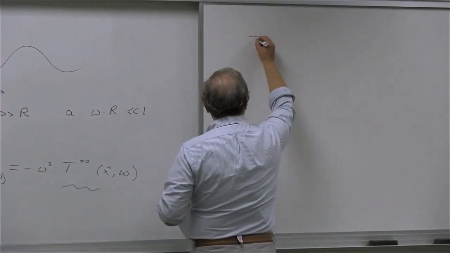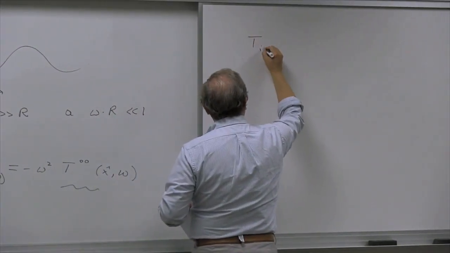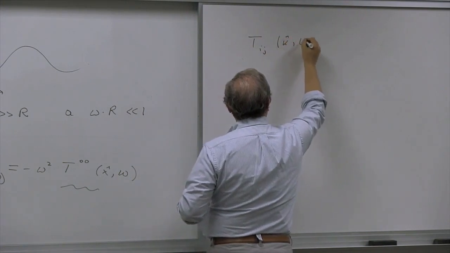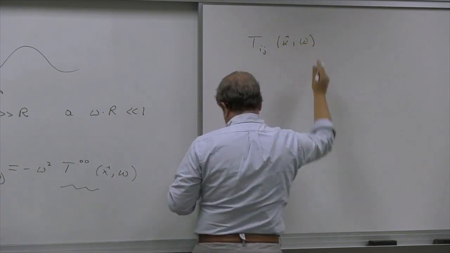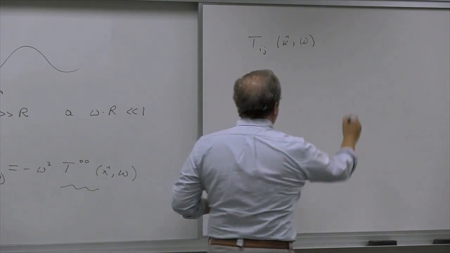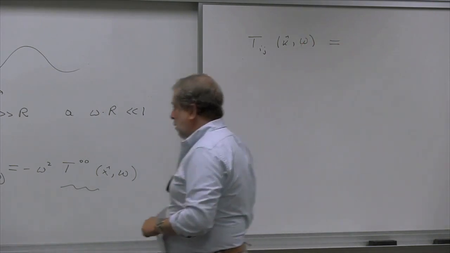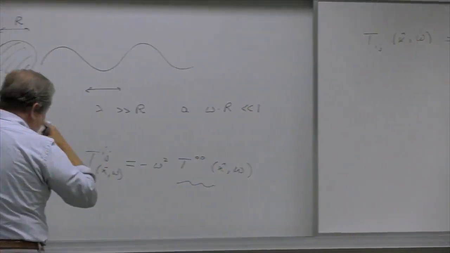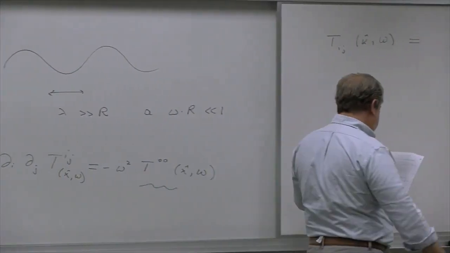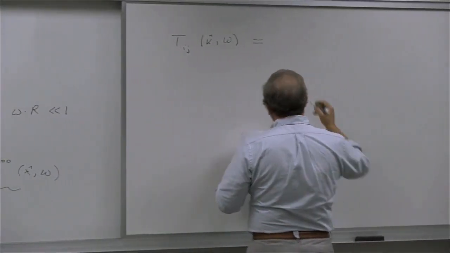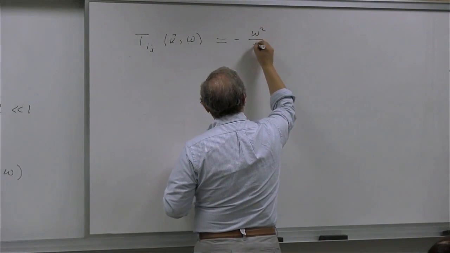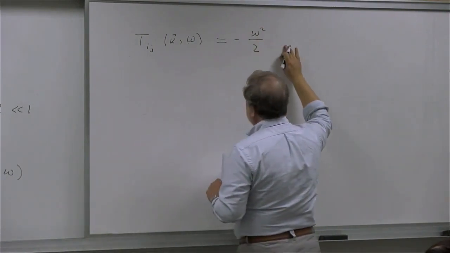So T_ij of k and omega, because of this conservation law, can be related to the T^00 as minus omega squared over 2 times.